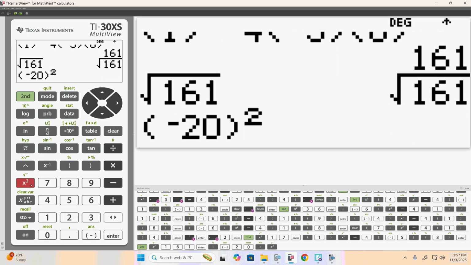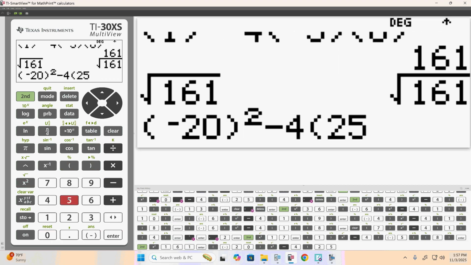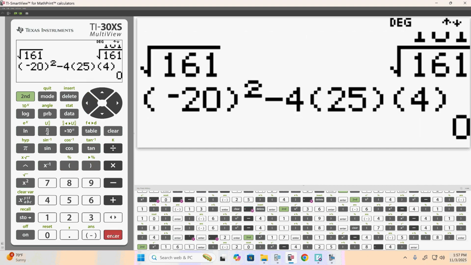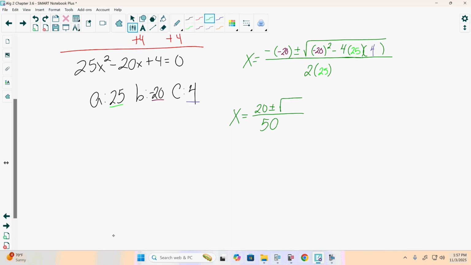Negative 20 squared minus 4 times 25 times 4 is 0. So that's telling us that x is equal to negative 20 plus or minus the square root of 0 over 50.